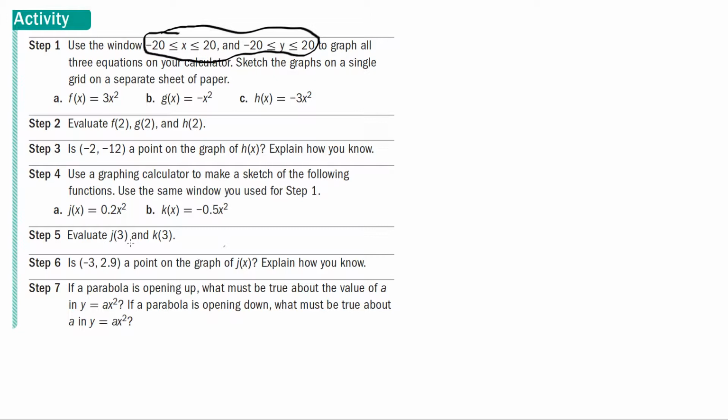So J of 3 equals 1.8, and for K of 3, this equals, let's see, that'll be a negative 5 times 9, right? And that's 45, negative 45.